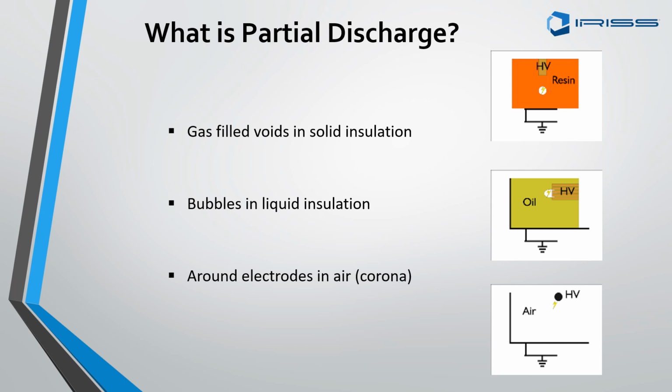Secondly, it can happen in the bubbles in liquid insulation. So we can have air and other gases that are circulating in the tank of an oil-filled transformer, for instance. And those can be, again, present with significant voltages between phase and ground, the tank itself, and you can get induced partial discharges that are occurring through those bubbles.